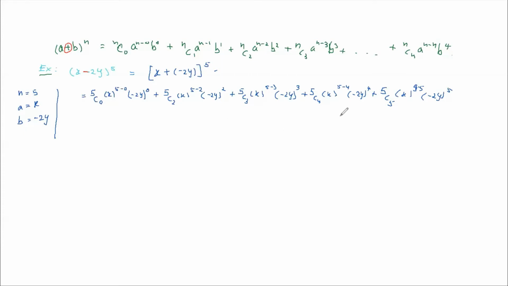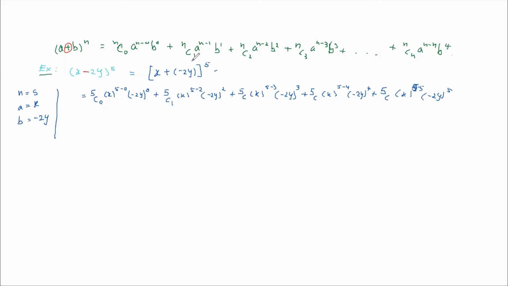Okay, so 5 minus 5 we can see is 0. Oh, I'm missing something here. It should be 1. Oh, here it becomes 1, we change. So this one is 5C1.